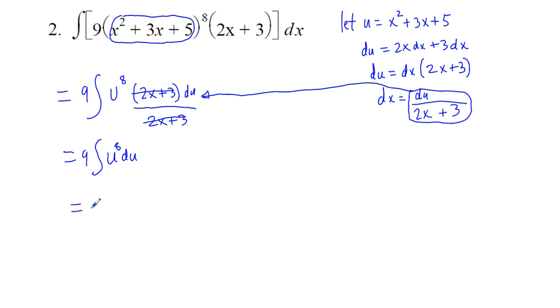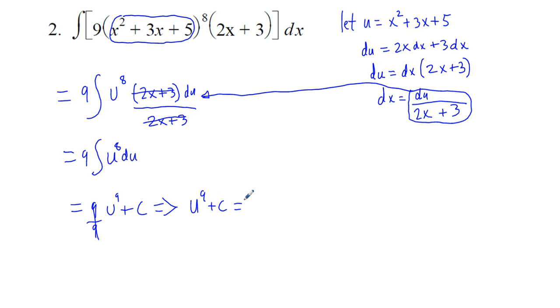And now, integrating, we have u to the 8 plus 1, which is 9, and we're dividing by 9. That makes that convenient, doesn't it? And then we have plus our constant of integration c. I'm just going to work to the right here. We have u to the 9th power plus c.